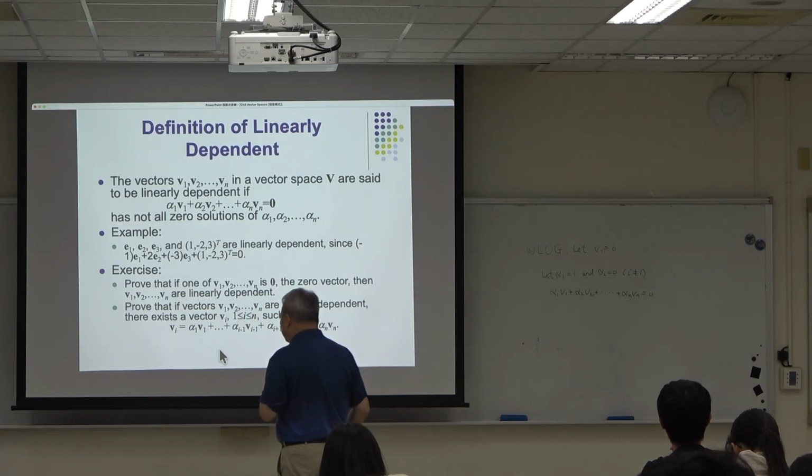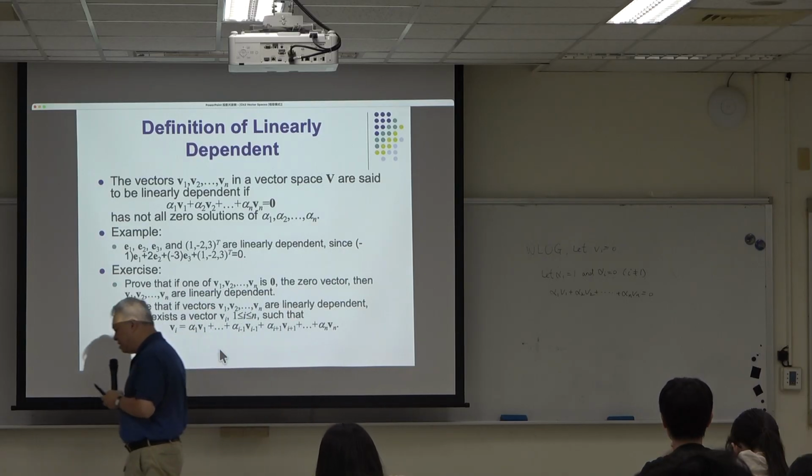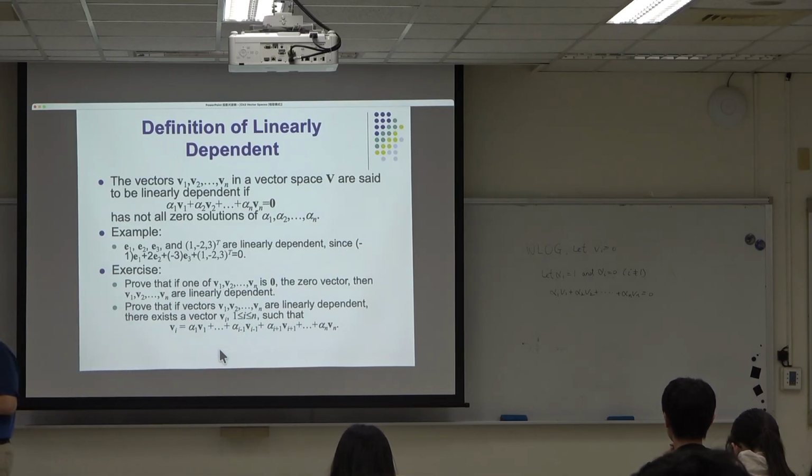So in order to be linearly independent, the set of vectors must not contain the zero vector. This is something you need to remember.